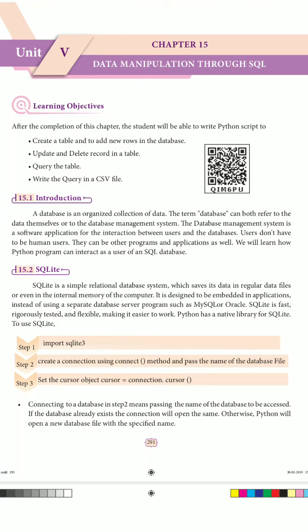Here itself you can see the meaning. This application is communicating with the other application through this program. That's why it is called an application program interface. SQLite is used to communicate Python with any SQL database.